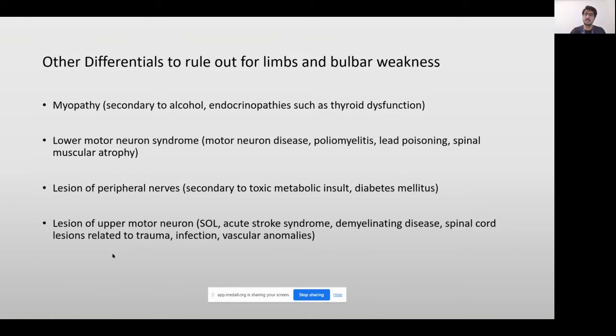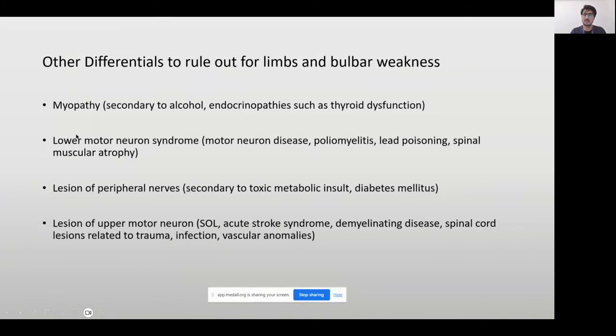The other differentials that were coming to my mind were myopathies secondary to metabolic disorder. For example, alcohol can directly affect the muscles, endocrinopathies such as thyroid dysfunction, and I was thinking about whether it could be MND, lower motor neuron disease leading to muscle weakness, or poliomyelitis, which is not very common in this part of the world.